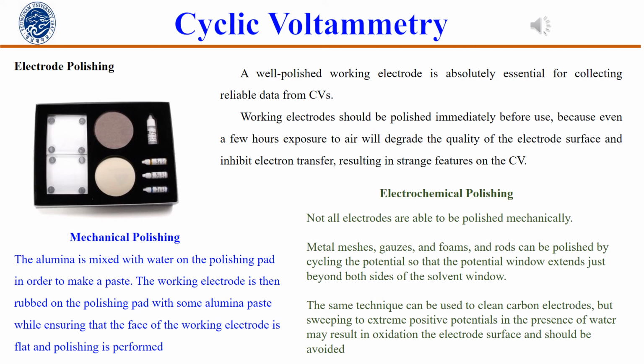After rubbing with alumina paste, the working electrode should be sonicated to remove any excess alumina adsorbed on the working electrode. The second method of polishing the electrode is electrochemical polishing.